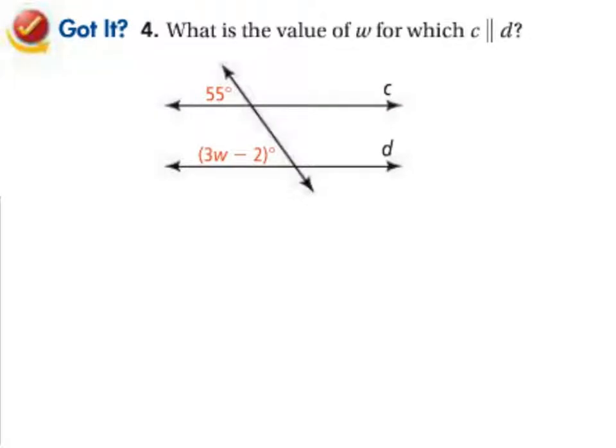All right, so you try this one. Figure out what W would have to equal so that C would stay parallel to D. Go ahead and pause the video and try this one on your own.